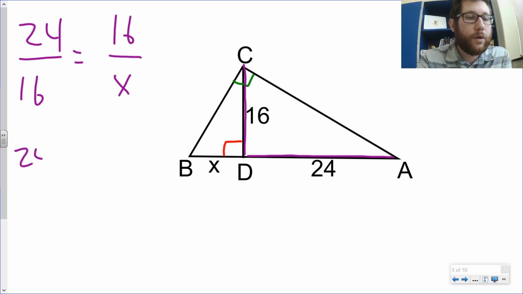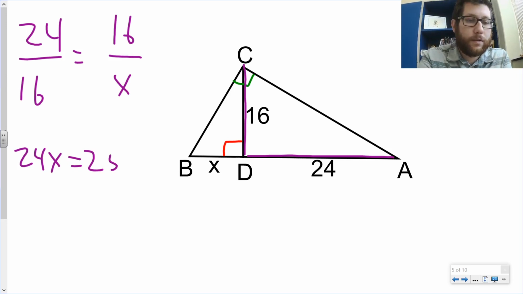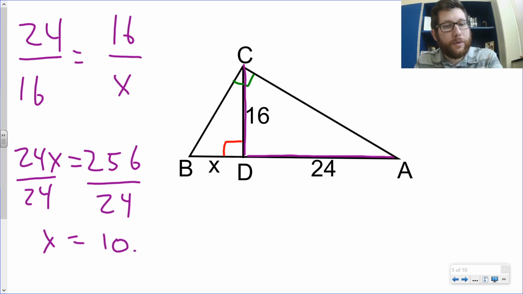So I get 24x is equal to 16 times 16, that's 256. I'm going to divide both sides by 24. And x, let's see if I can do this without a calculator, it's at least 10 point something. It's like 10.16, that's like a 10.6 or something like that.